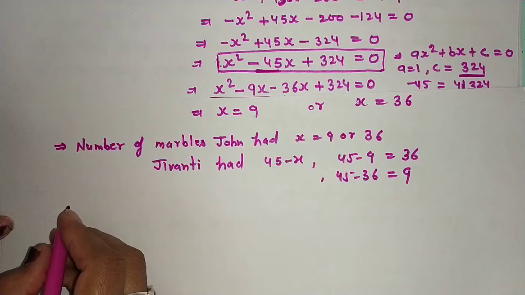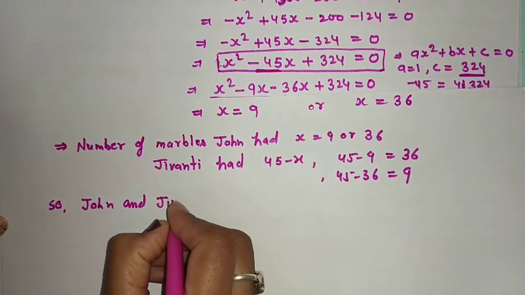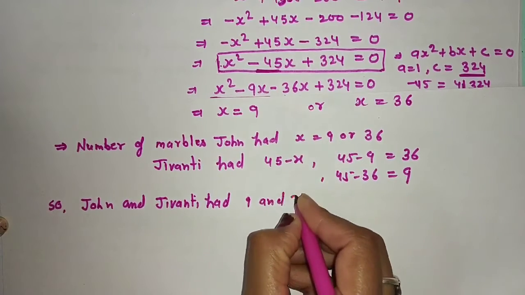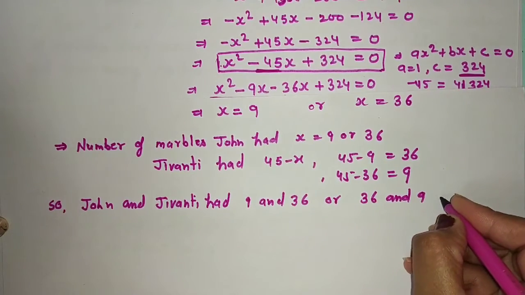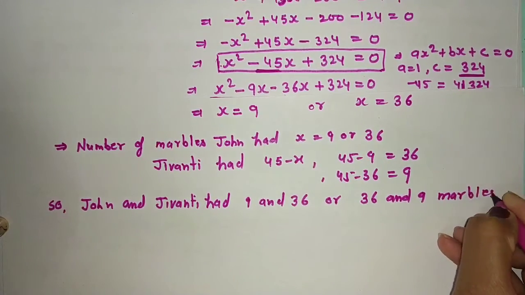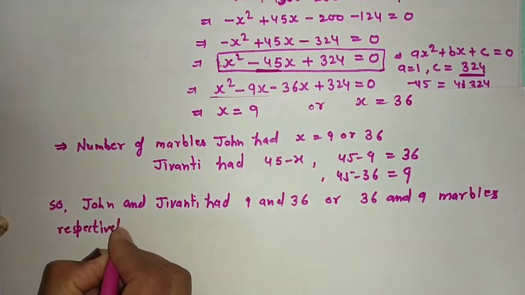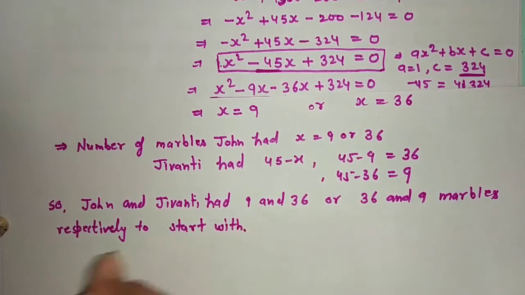So John and Jivanti had 9 and 36 or 36 and 9 marbles respectively to start with.